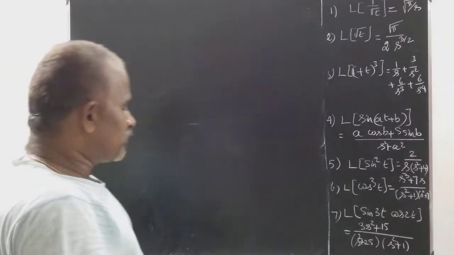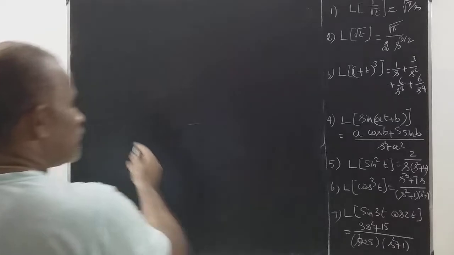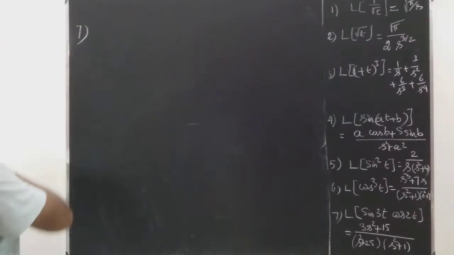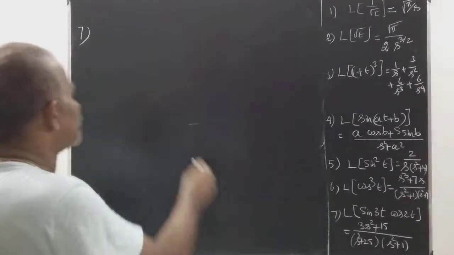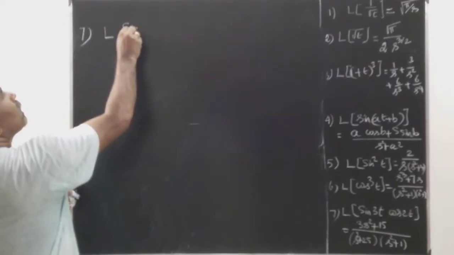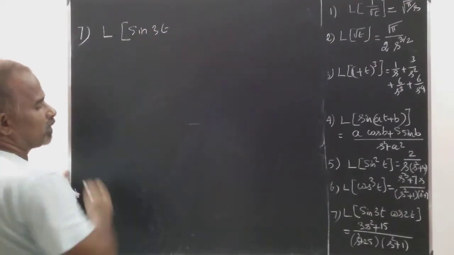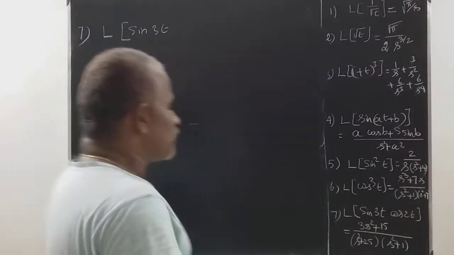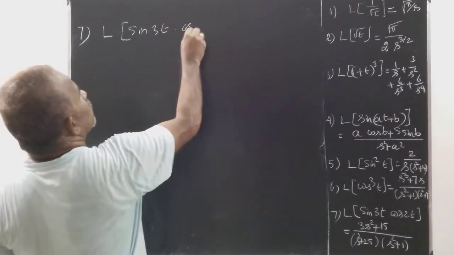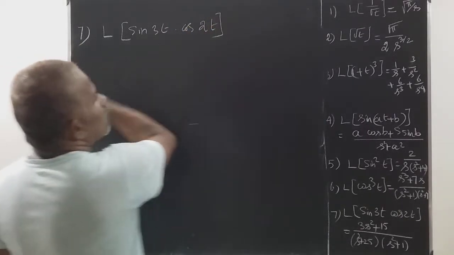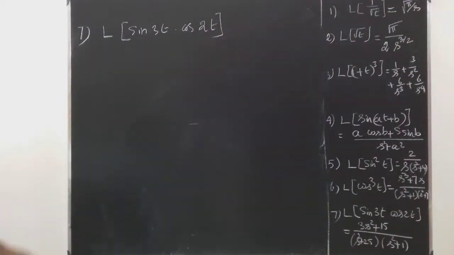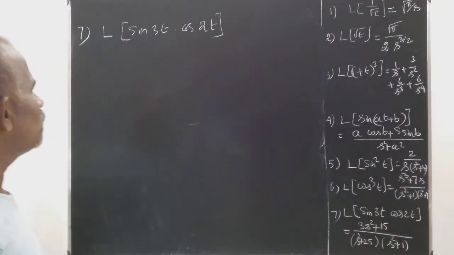Okay, good. Next, the last problem, the seventh problem, is L of sin 3t into cos 2t. Okay.